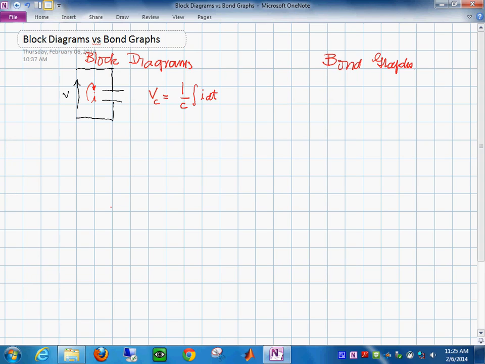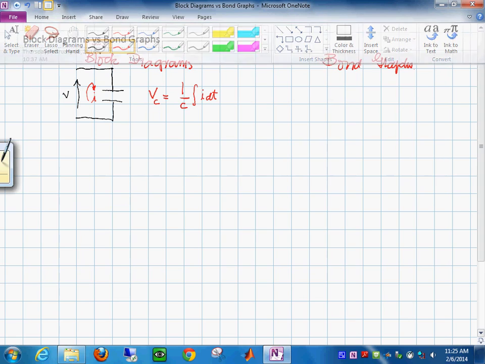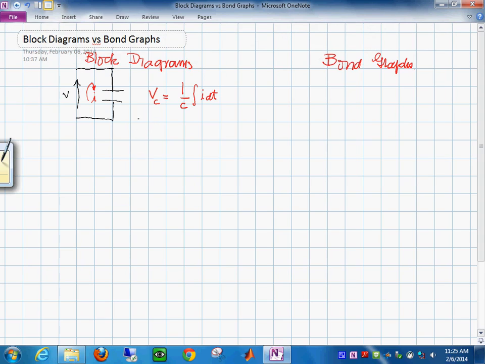Basically, if the input is the current, you would expect that the voltage on the capacitor is the integral of that current multiplied by 1 over C. So I could very safely say that on my left hand side I have the output, and then on my right hand side I have the input.